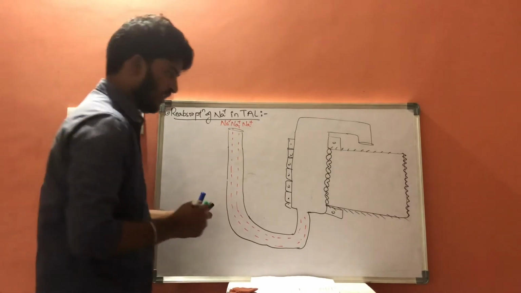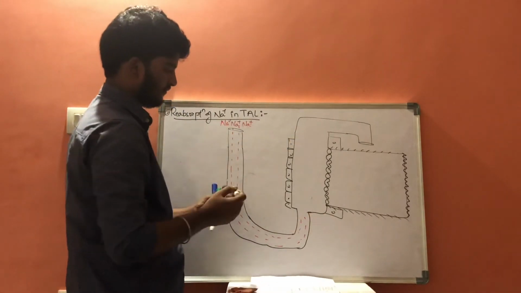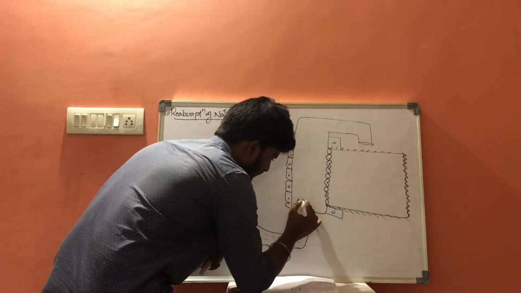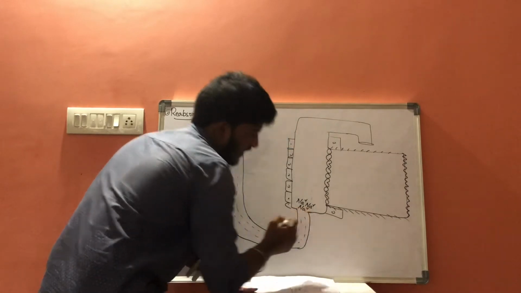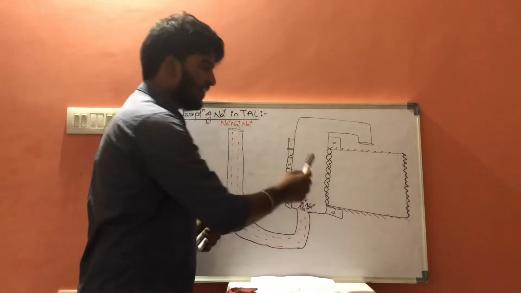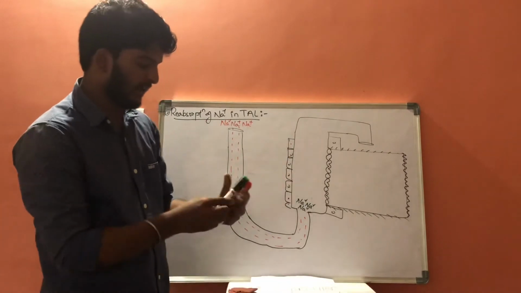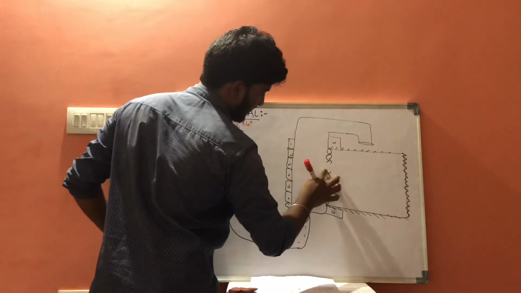So here the sodium will be reaching. A large amount of sodium will be present. On the surface of the luminal membrane, a special enzyme, a special protein, is present.